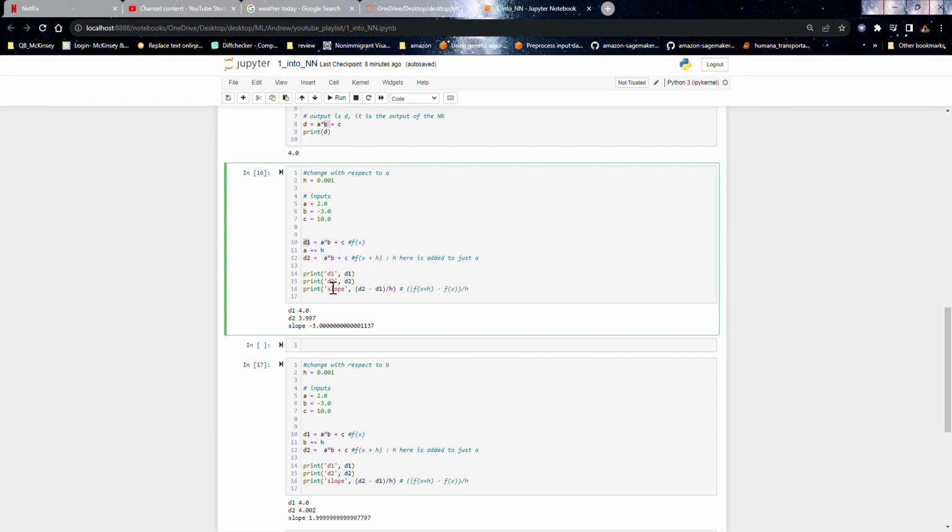And now if we look at the slope, that is f of x plus h minus f of x, and then divided by h, the rate of change, we could see that the slope is negative 3. Negative 3 is essentially the value of B.